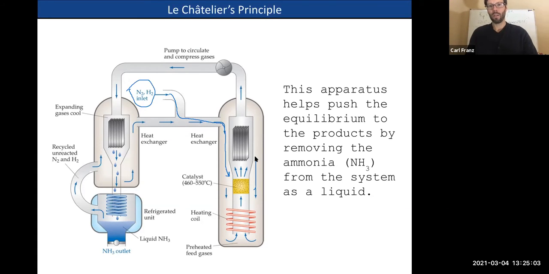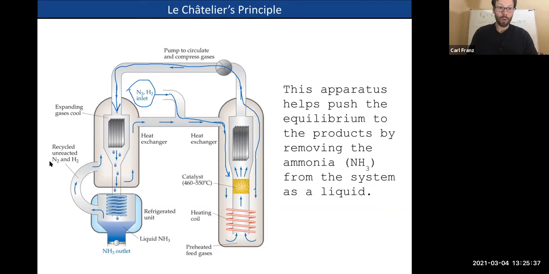That ammonia then circulates up here and is pumped through this tube and then is condensed. Okay, so we cool it off and it'll condense the ammonia, but not the nitrogen and the hydrogen. And so that ammonia drops out of this apparatus. And so anything that didn't form ammonia, right?